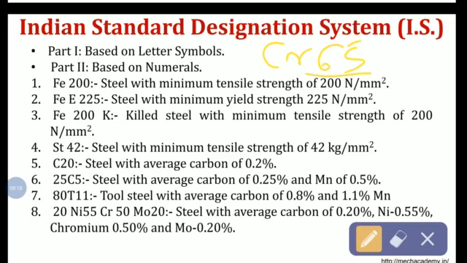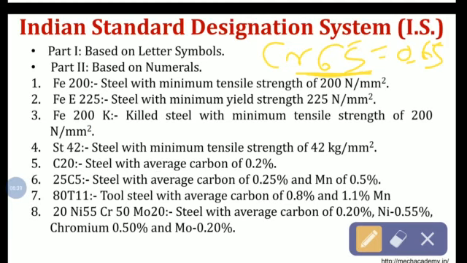Then you should divide by 100 if underline is below both the numerals. Then chromium percentage is 0.65%. Correct? So its answer is 0.65. You have to divide by 100 when underline is below two numbers. Correct? This is one example.